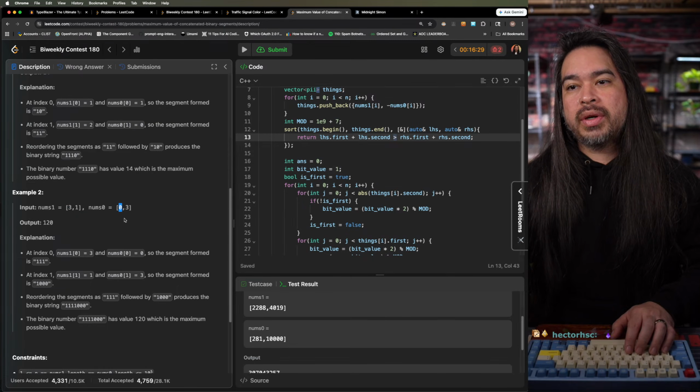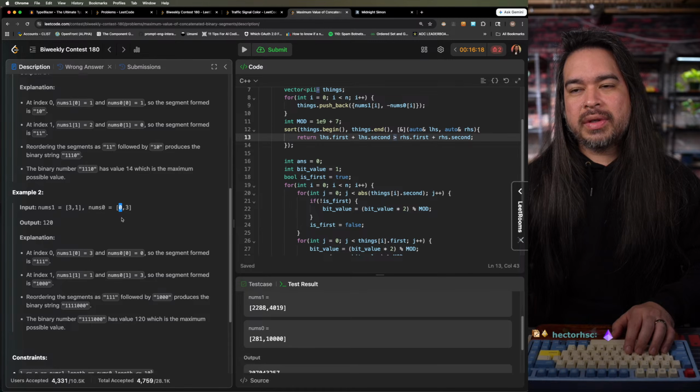So we want to put, no. Maybe we want to put all those at the front or something. All at the back, or last.